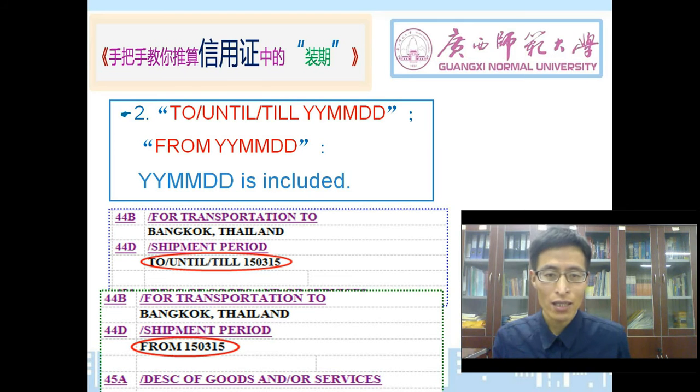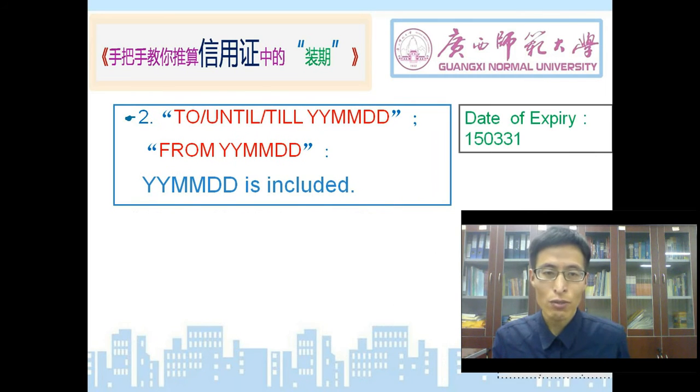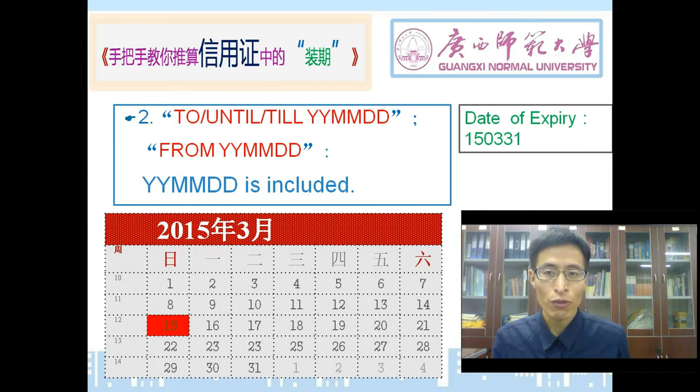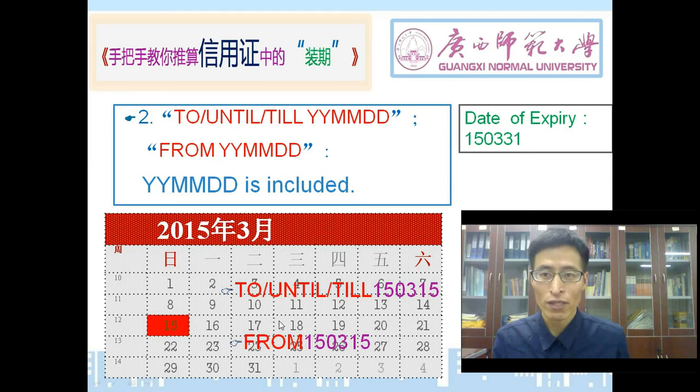Let's see here, to until 15/03/15, and also here from 15/03/15. Let's use a calendar to illustrate the understanding of this kind of expression about shipment period.